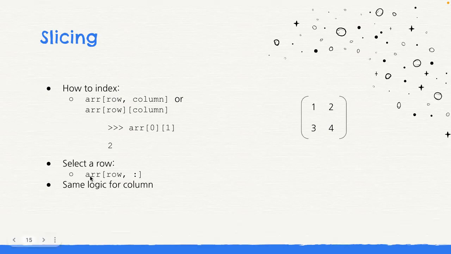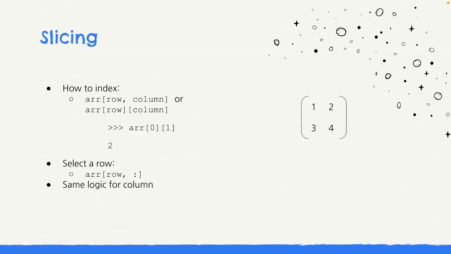If you want to select a row, you call that row number and use this colon. So basically how you read this is you want this row and all the columns. So if I wanted the first row, I would put 0. I want the 0th row and all the columns. And it would output this. And it's the same idea for columns. So does anyone have any idea how you would select a single column?